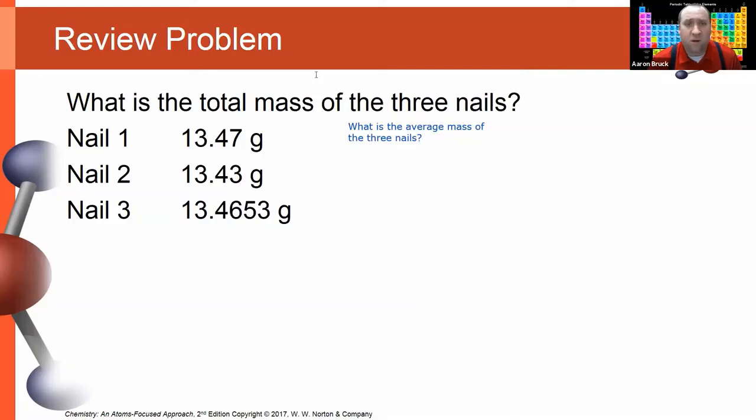All right, so in doing this problem, we're going to find the total mass, I'm going to need to take those 3 masses and add them together. If I do that, 13.47 plus 13.43 plus 13.4653, I end up with a total mass, according to my calculator, of 40.3653 grams.